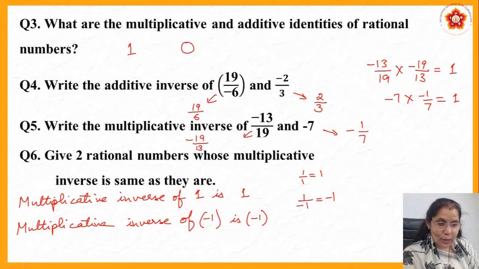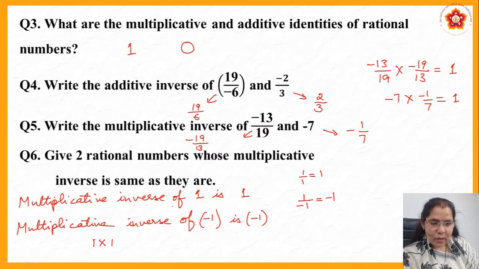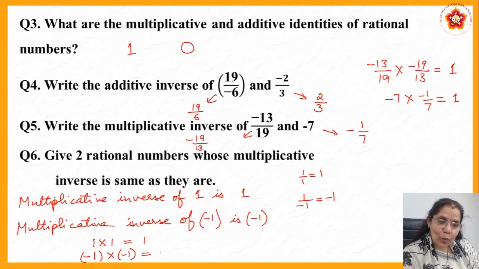And let's do the calculation also. The given number is 1. Multiply it by its multiplicative inverse. The multiplicative inverse of 1 we have written as 1. What do we get? We get 1. The second number is minus 1. Its multiplicative inverse is minus 1. What answer do we get?